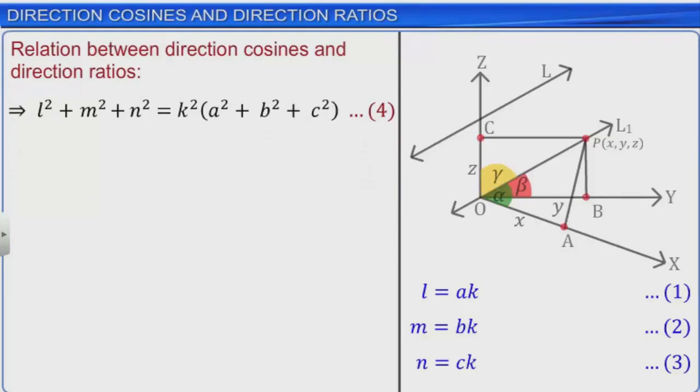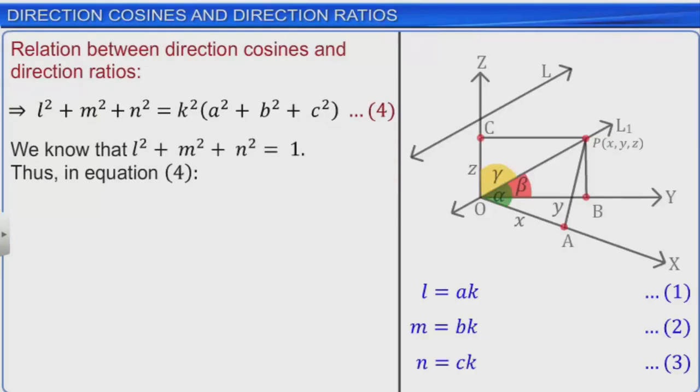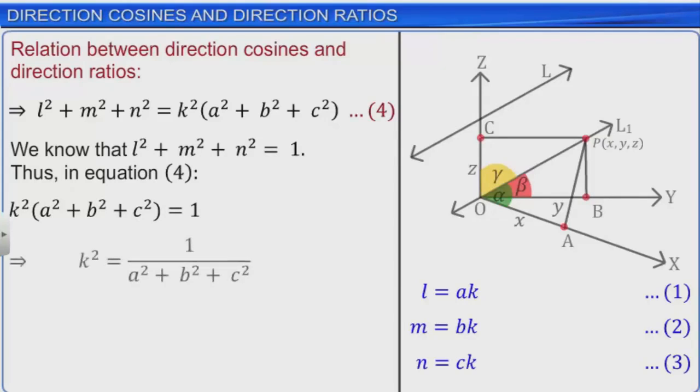We already know that the sum of the squares of the direction cosines of a line is equal to 1. Substituting this value in equation 4 and simplifying, we get the value of k as shown in equation 5.